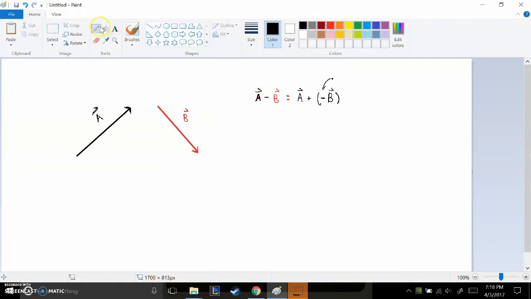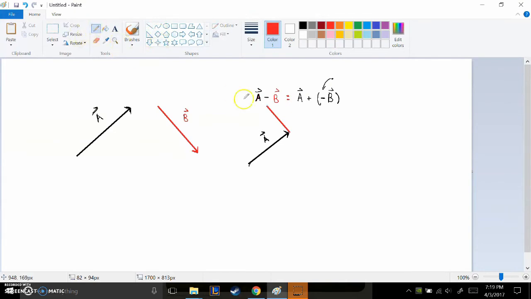So I'll go ahead and redraw A. Plus, which means put the tail of B on the head of A, and it's minus B, so it's in the other direction. I'll draw it like this, even though it would be longer.